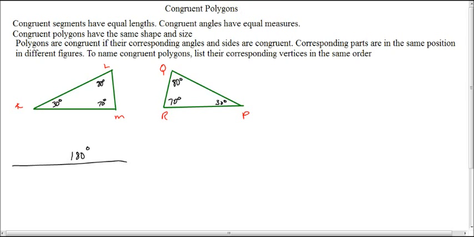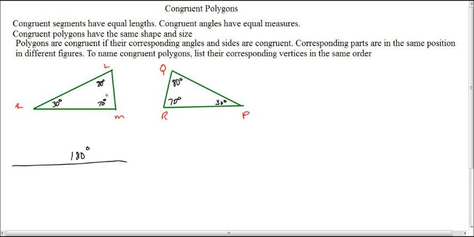We're saying that congruent angles have equal measurements. So if we look at K and P, we see that they both measure 30 degrees. If we look at Q, we see that it is 80 degrees. And then we also look at R, and it's 70.